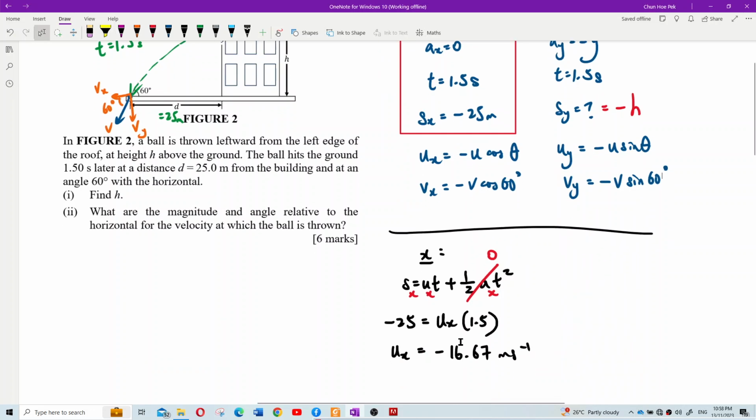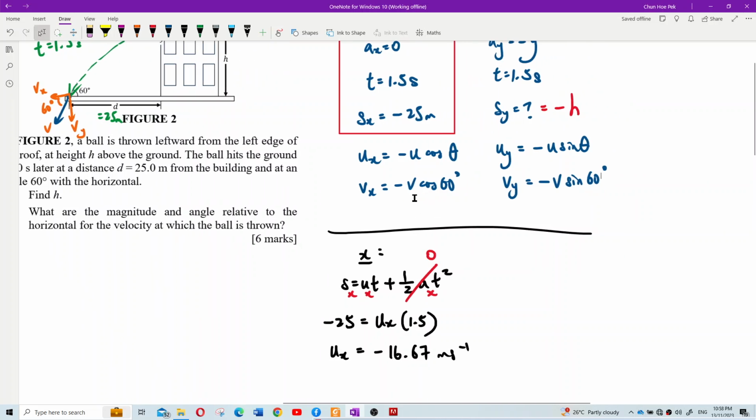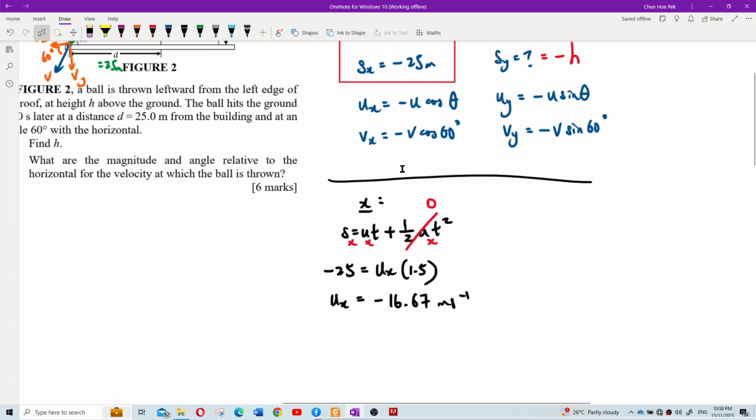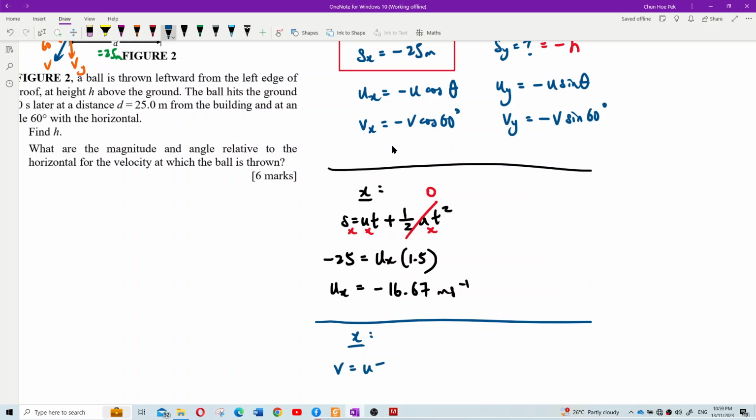Okay, so what can I say? Because the x component has constant velocity, ax is 0. In the x component, we know that v equals u plus at.